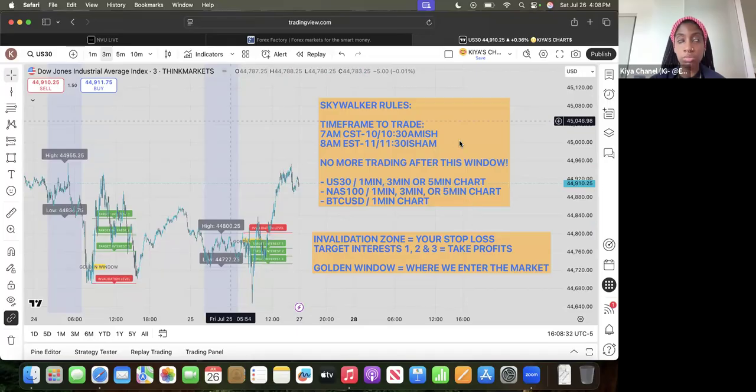So, let's just say you risk $100. The trade goes for a 1 to 5 risk to reward. That means that you risked $100 to make $500. Okay. Let's say you risked $200 of your own money and the trade went for a 1 to 3.